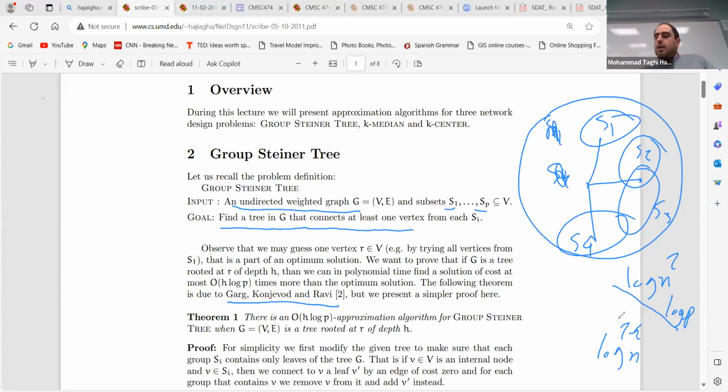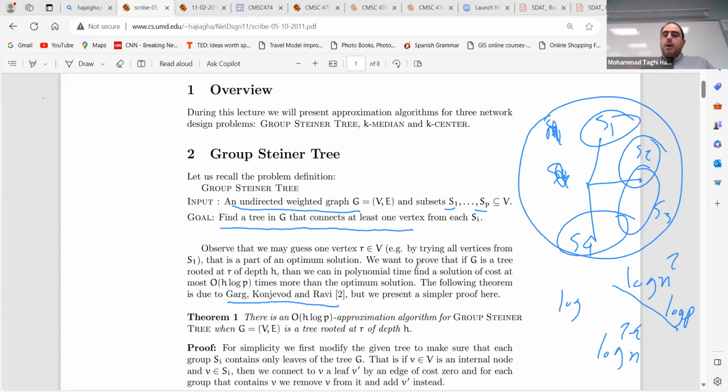The extra log n factor that we are paying here is because we are using Bartal or FRT, which pays a log n factor since we need to go from graphs to trees. That's what we discussed.